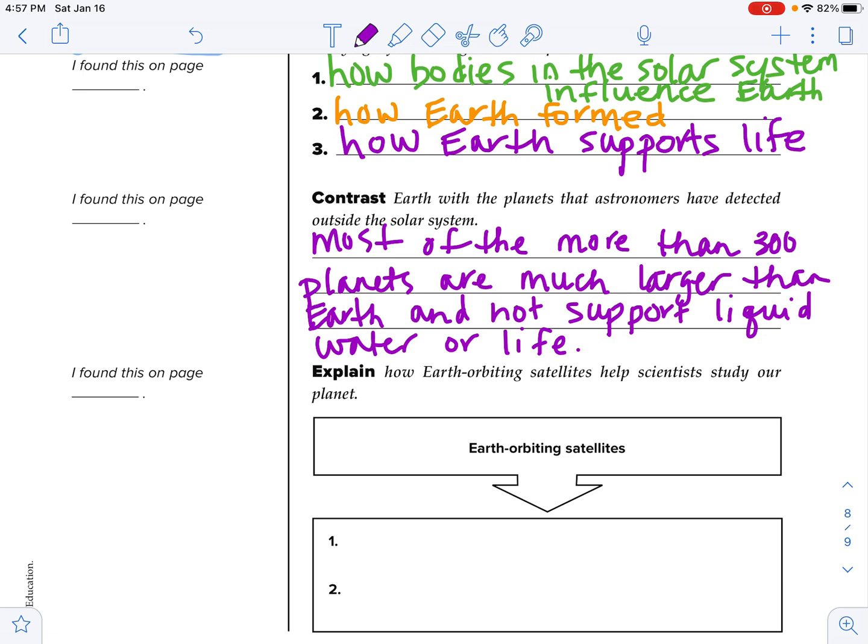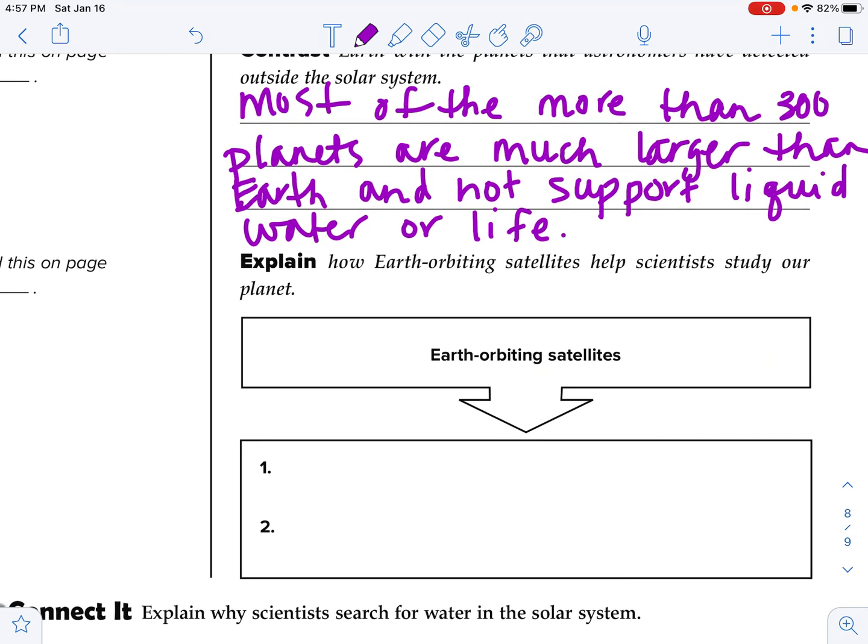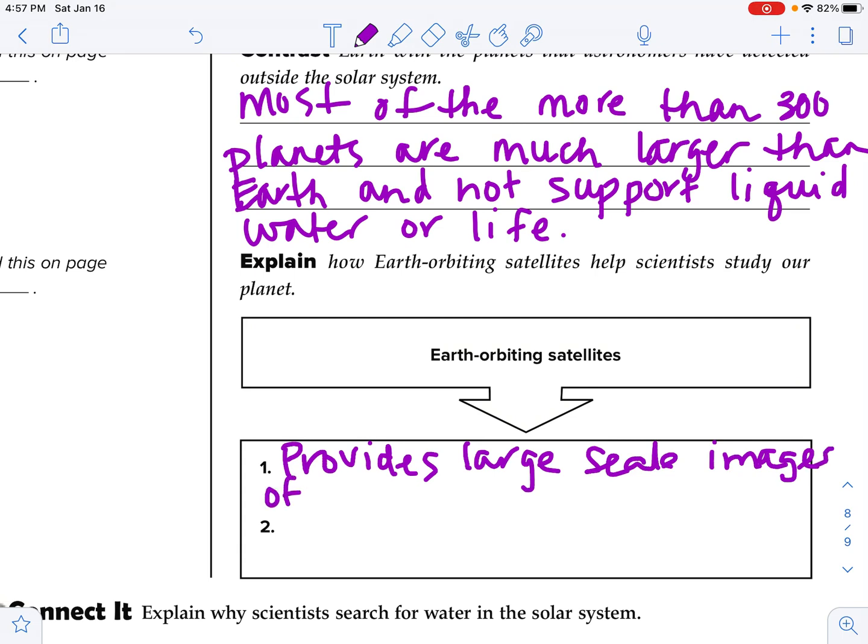Explain how Earth-orbiting satellites help scientists study our planet. There are two things that we would be looking at. It provides large-scale images of Earth's surface.